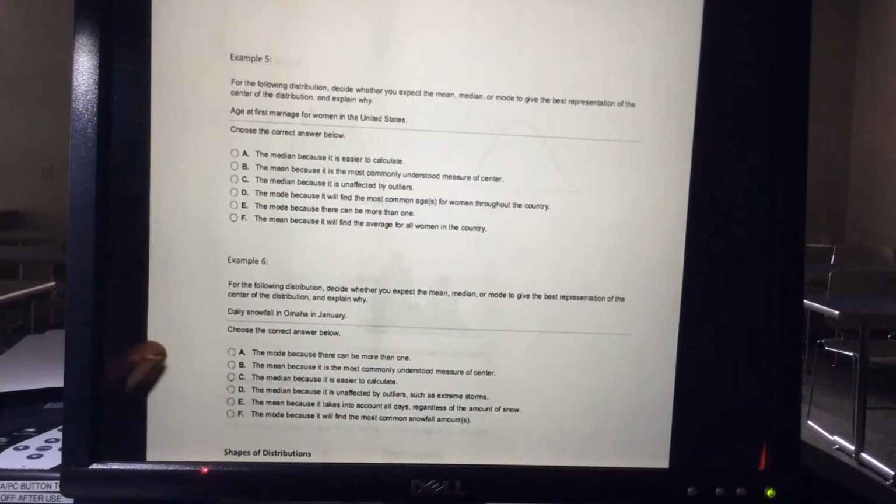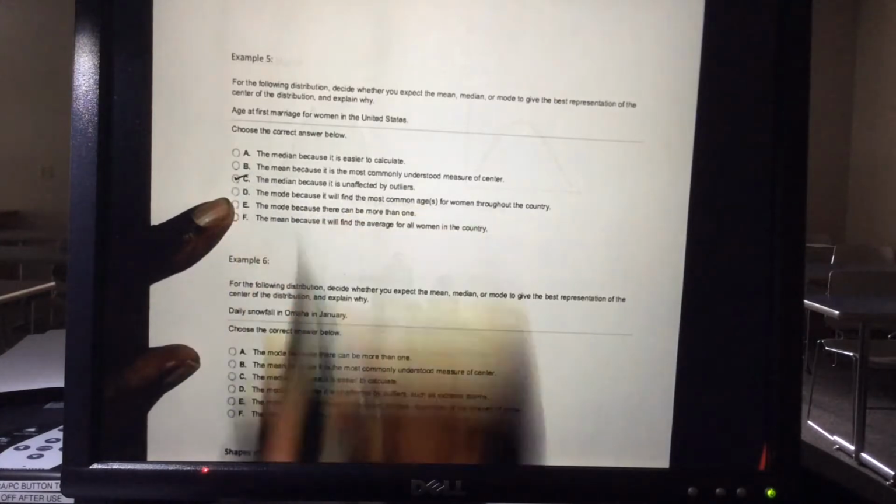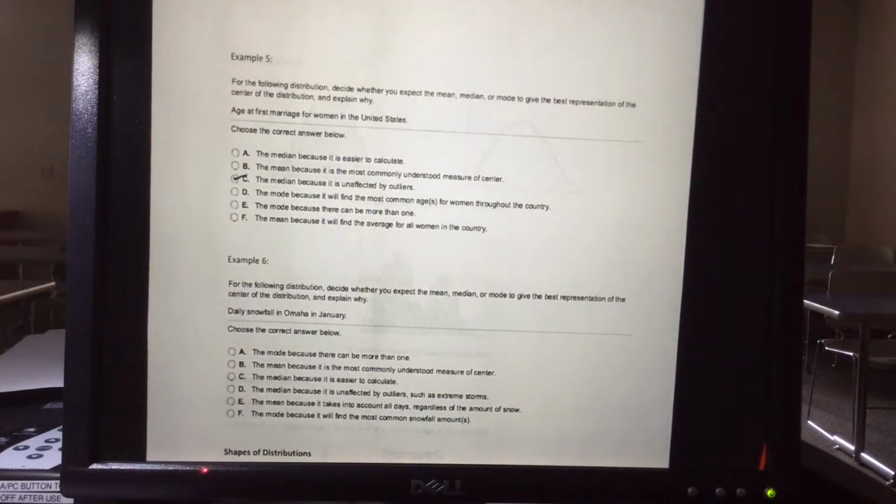Most do get married in their 20s or 30s, but you may have some that might be in their 60s or their 70s when they get married for the first time. So here, we would expect to use the median as the center because it is, again, unaffected by outliers.